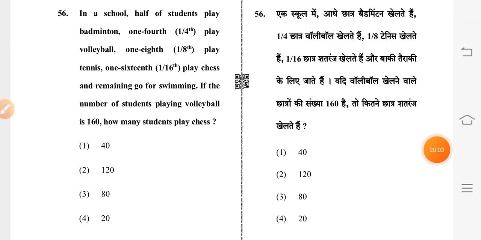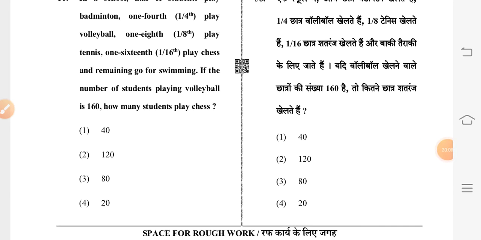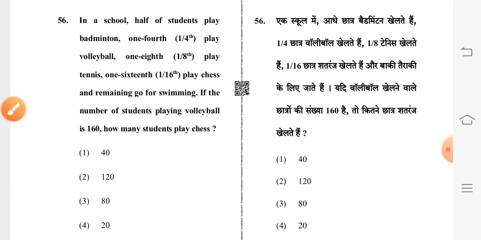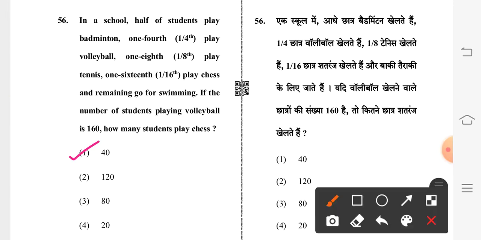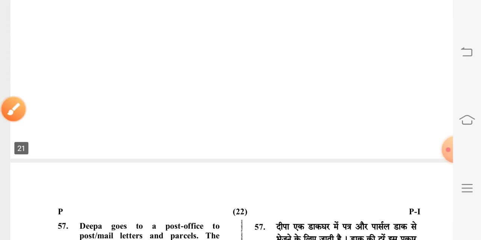Correct option is 1. For the question 59, correct option is 1. 40. So next question 57.